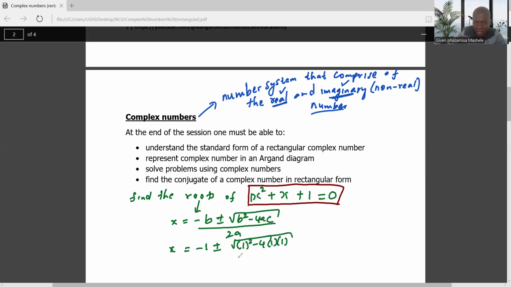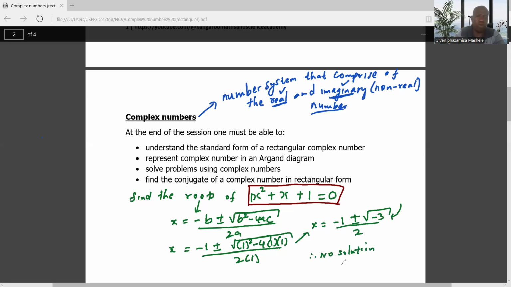Then everything is divided by 2 times 1. Then let's solve for x. This would be x equals minus 1 plus or minus the root of 1 minus 4, which is minus 3, over 2. And honestly speaking, because of this negative number inside the root sign, in the lower grades we'll say there will be no solution.